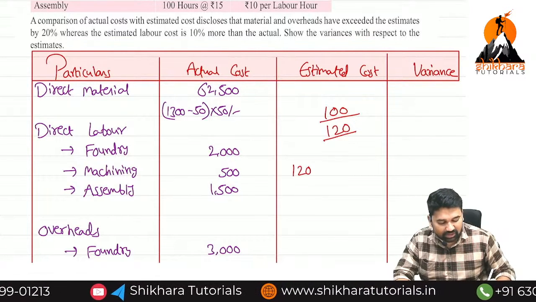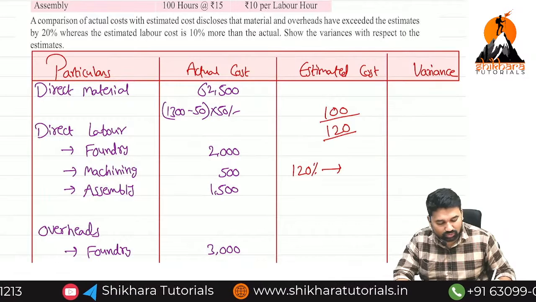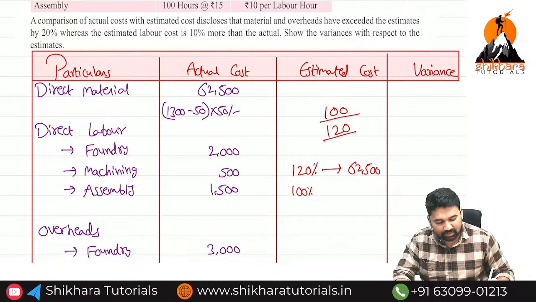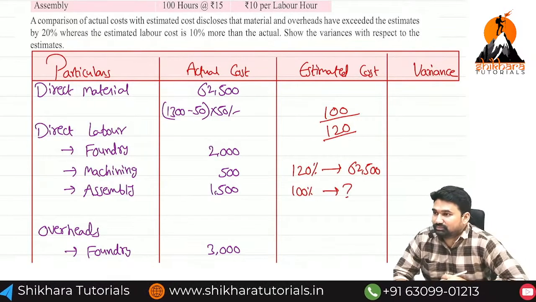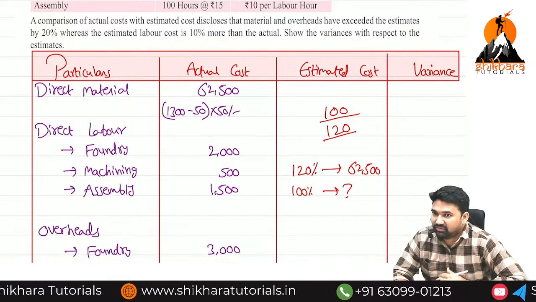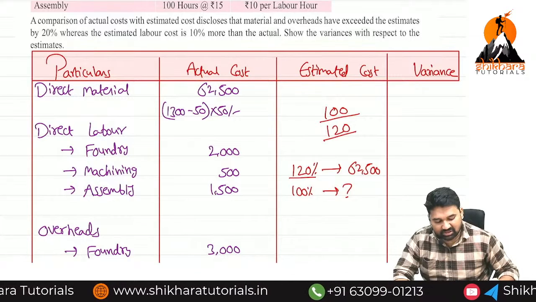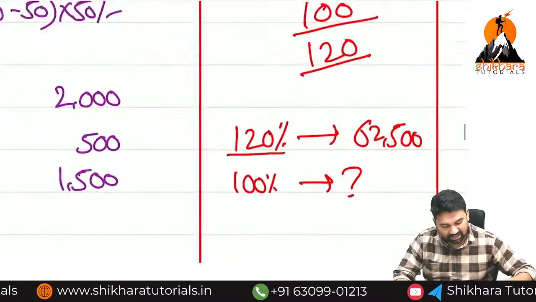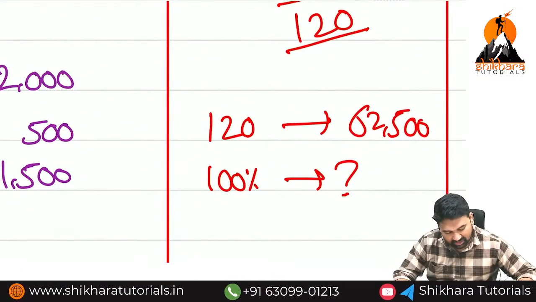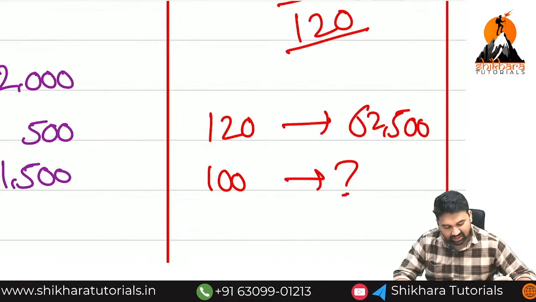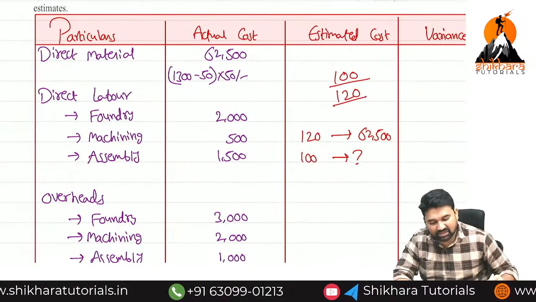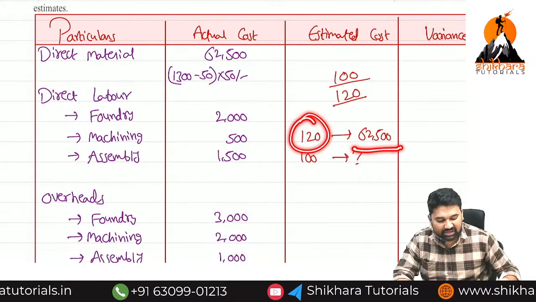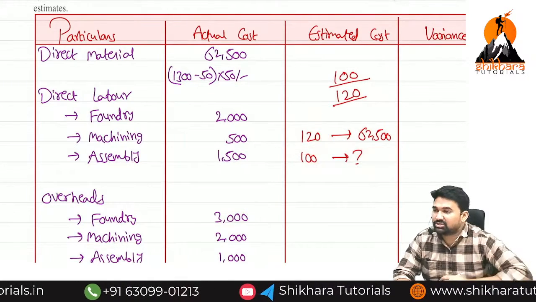If 120 is equal to 62,500, then 100 is equal to how much?